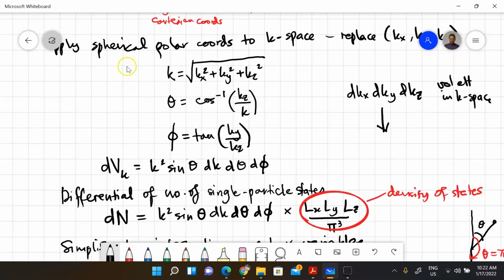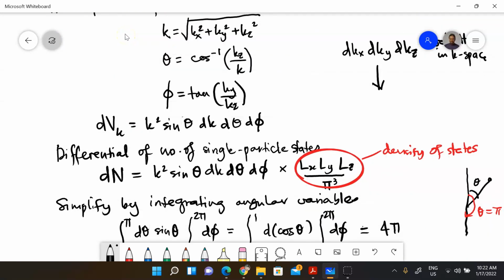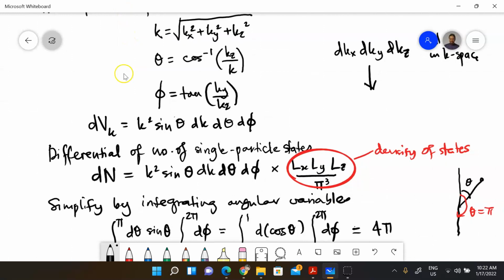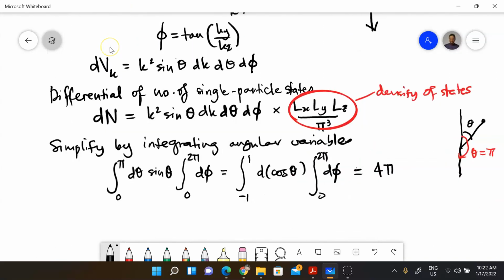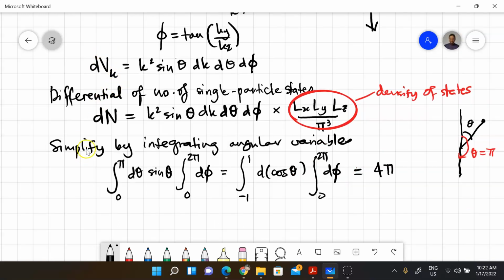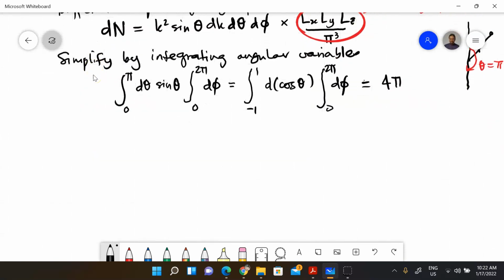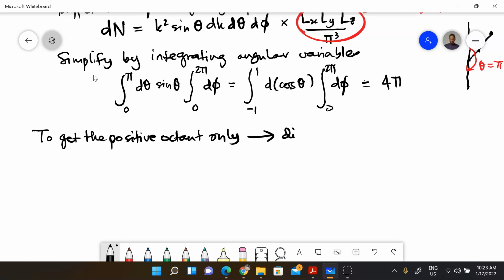Remember, there are 8 octants to complete the sphere. So what do we do? To get the positive octant only, you divide by 8.